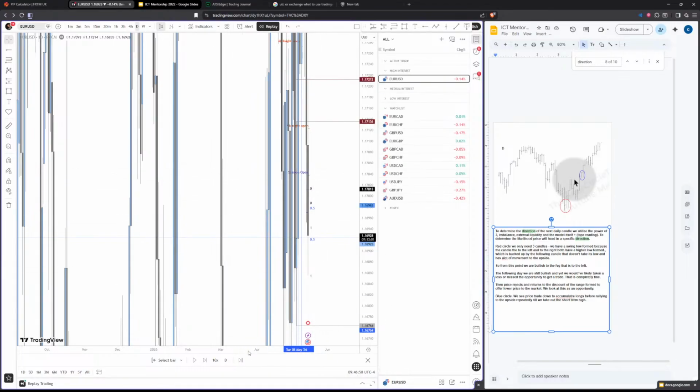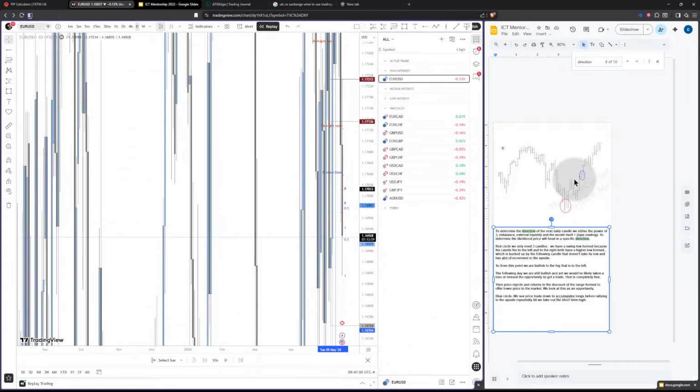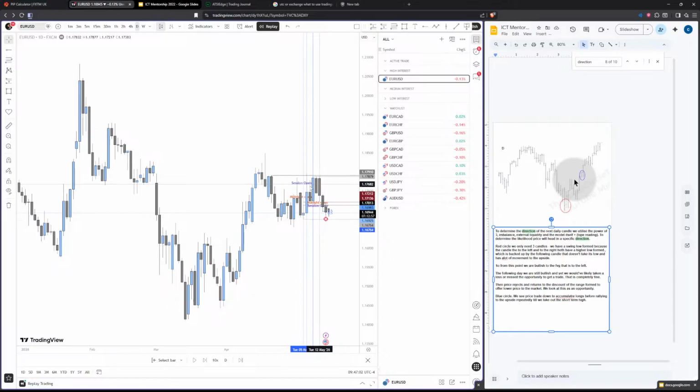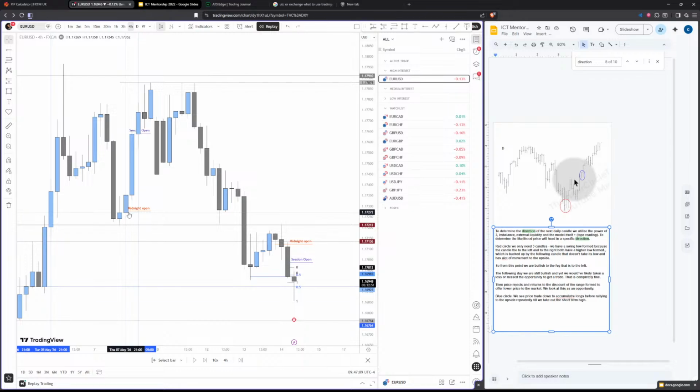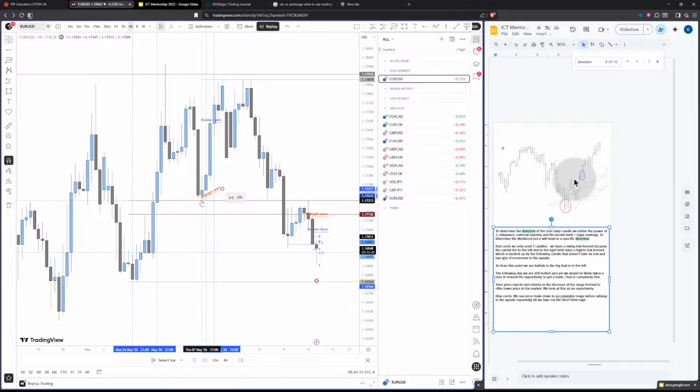Of course they use exchange. Oh my god. So the midnight opens have been wrong this whole time. Well, there you go, guys. Don't make the same mistake as me.